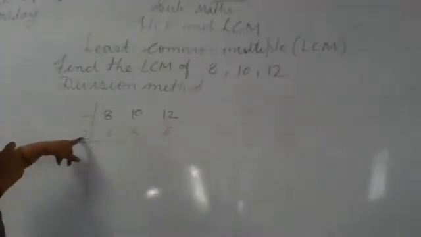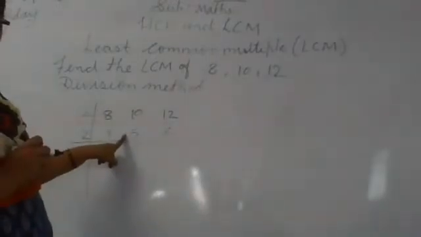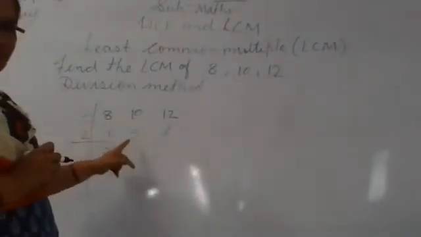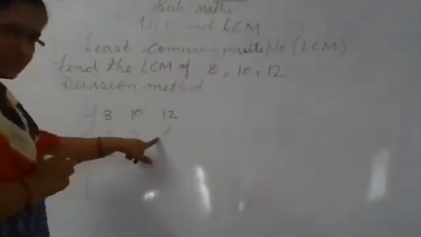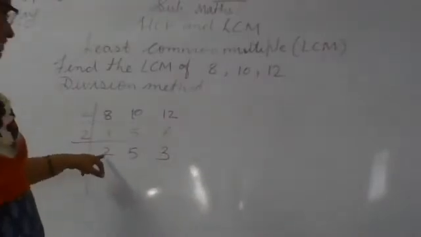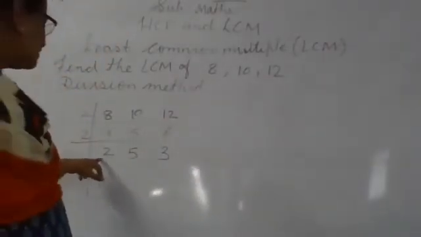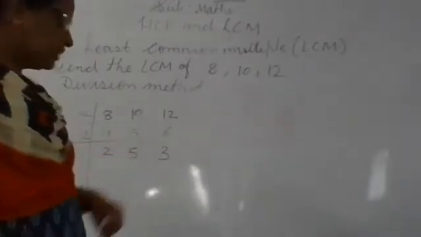Divide this 4 by 2: 2 2s are 4. But 5 is not divisible by 2, so write down the 5 as it is. 6 divided by 2 is 3. Now see beta, no number divides 2, 5 and 3, so here we get the remainders 2, 5, 3.